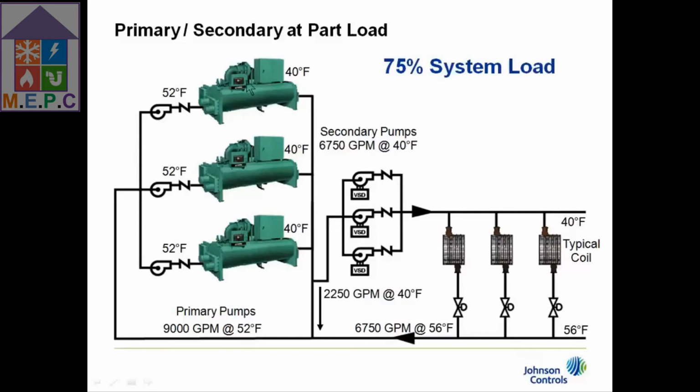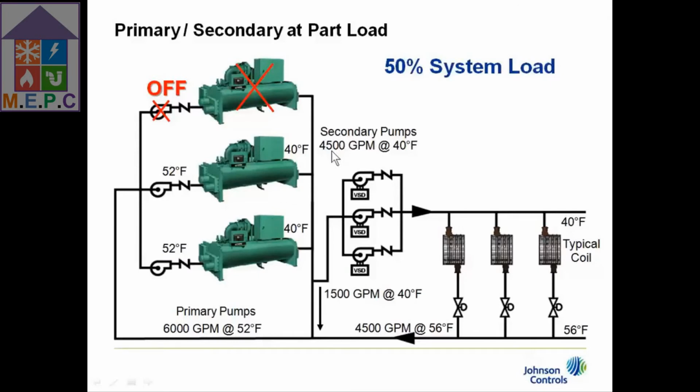We can only get to 67% load with shutting a chiller off, so all 3 chillers have to run. So all 3 pumps are running, and 9,000 GPM is being produced. And the excess, the difference between 6,750 and 9,000, goes through the bypass. That's this 2,250.